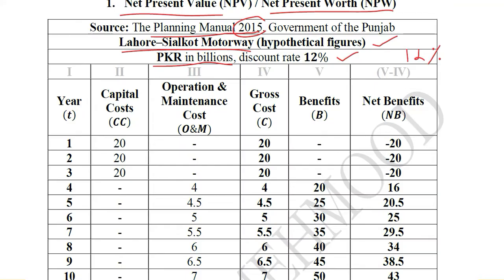So if it is not given, we can assume it to be 12%. But if it is given, for example, 15% or 5% or any other value, then definitely we will use that value. We will also talk about this and the psychological or social reasoning of why there is a discount rate, as we go ahead.